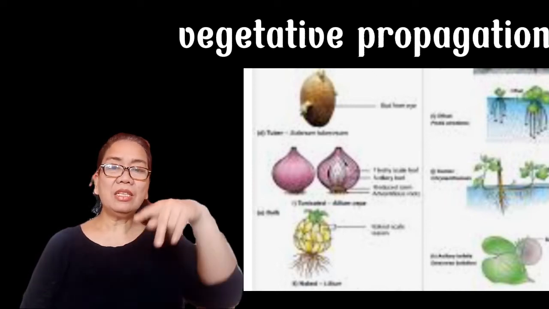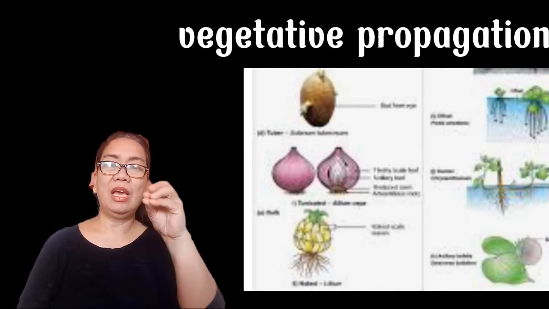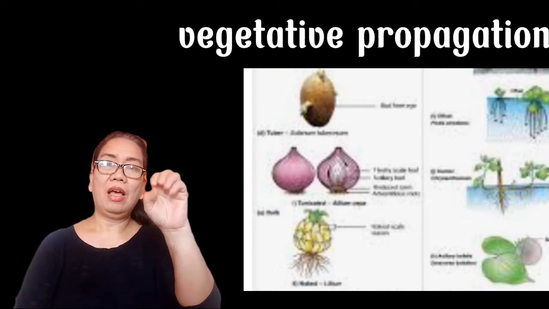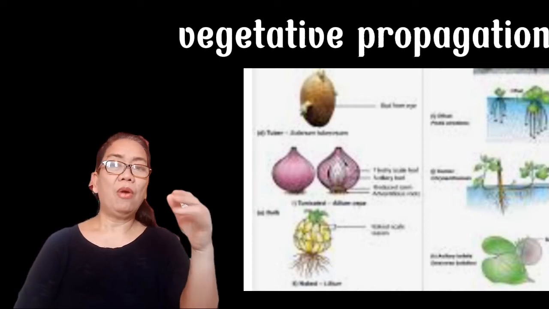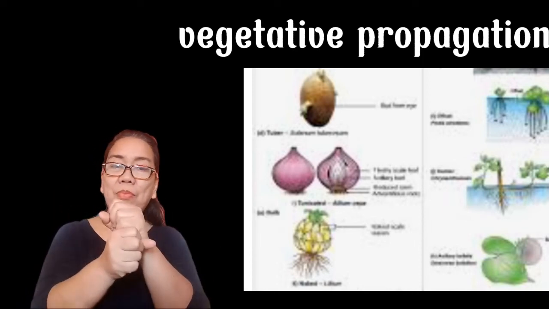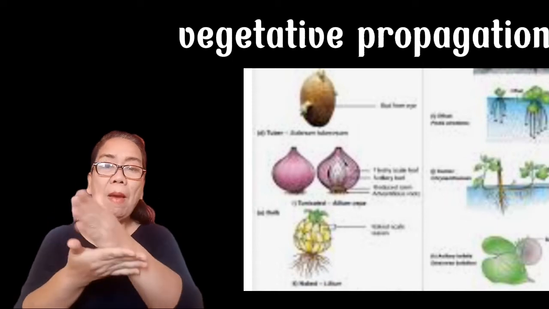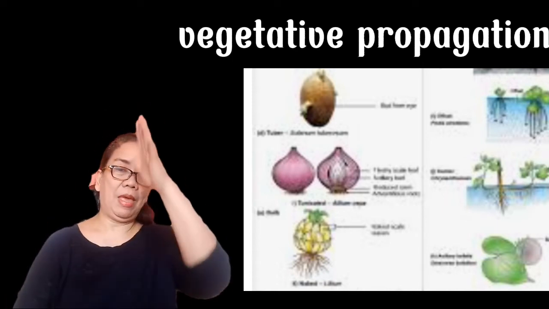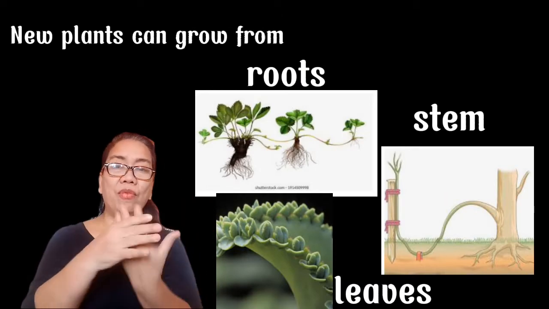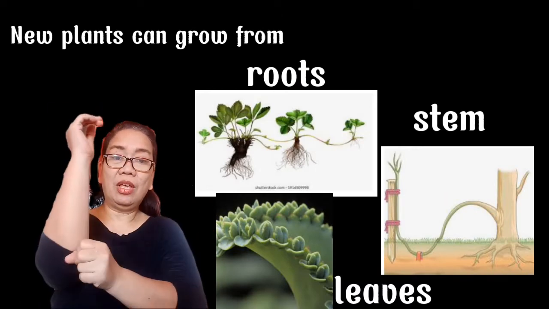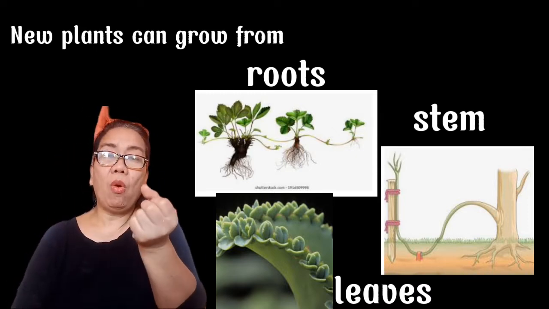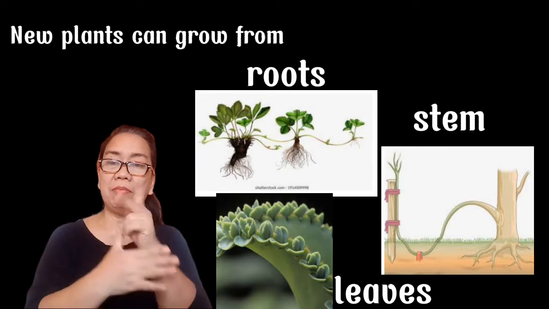Now, this kind of propagation is formed asexually, where new plants are reproduced from one part of a parent plant. New plants can grow from roots, stems, and leaves of their own parent plant.